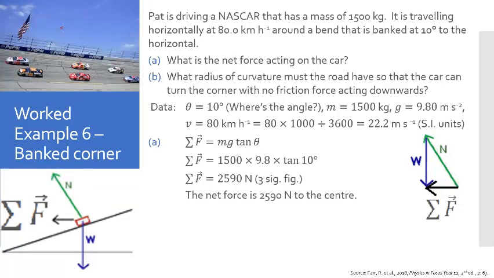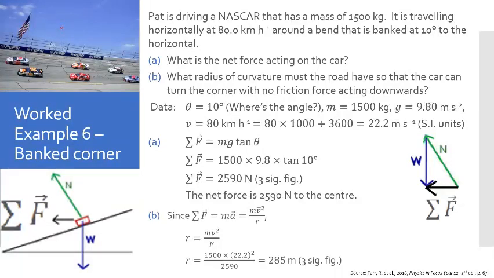For part B, and of course it's to the center, since F equals ma, then F also equals mv squared on r. But rearranging, putting r as the subject, because we want to find the radius of the curvature, r equals mv squared on F. And we've just found F. And we know the mass and we know the velocity.